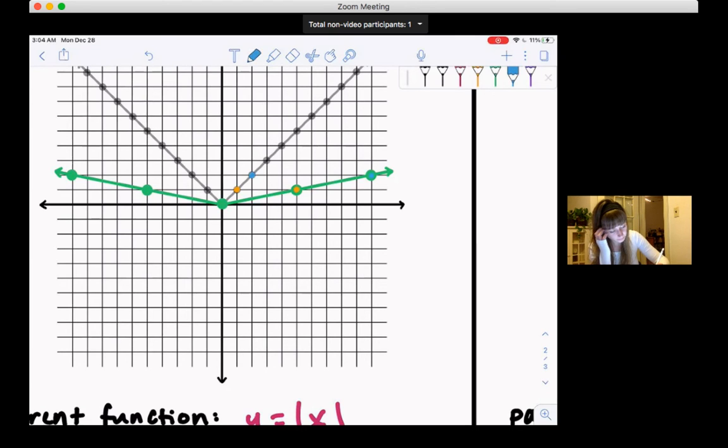Now let's compare this one and this one. Again, the y's are the same, so we haven't stretched vertically at all. This had an x value of 2, and this one has an x value of 2, 3, 4, 10. So 1 to 5, 2 to 10.